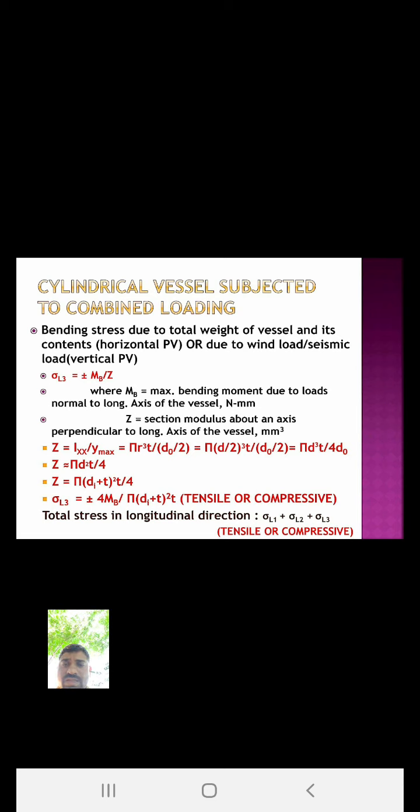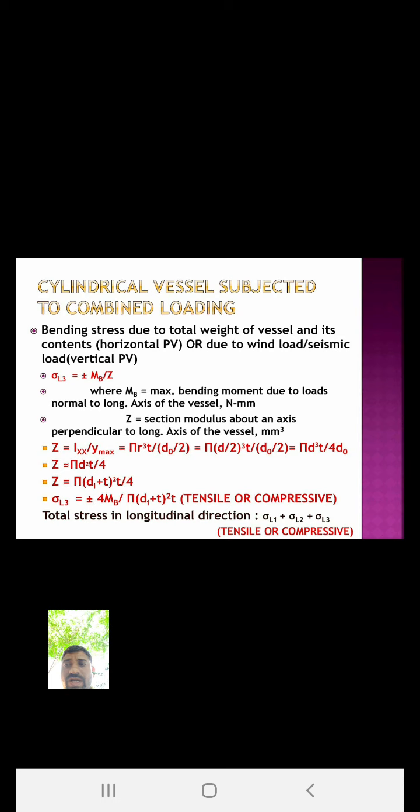This is the value of Z. Then put the value in the equation, MB divided by Z, and you will get sigma L3 equal to plus or minus 4 MB divided by pi into bracket di plus t square into t, tensile or compressive. That's why I have written here plus or minus. R is the mean radius of the shell. That's why I have written here R is equal to d by 2.